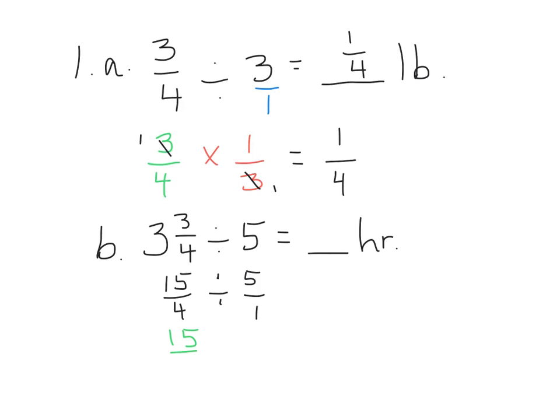So that's 15/4 times 1/5 when I invert 5/1, and I can reduce before I multiply. 5 becomes 1, 15 becomes 3, multiply across and I get 3/4, so that's 3/4 of an hour.